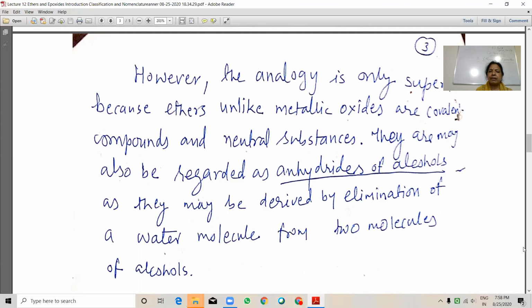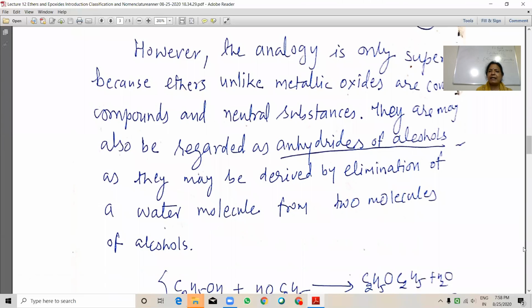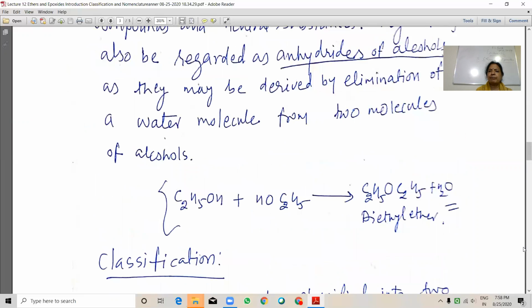They may also be regarded as anhydrides of alcohols, as they may be derived by elimination of water from two molecules of alcohol. See the ethanol, two molecules of ethanol, and one water molecule is removed from these two ethanol molecules. So the water molecule is eliminated. That's why it is also known as anhydrides of alcohols, and we will get the ether molecule.